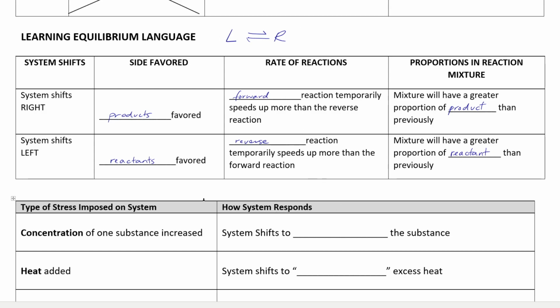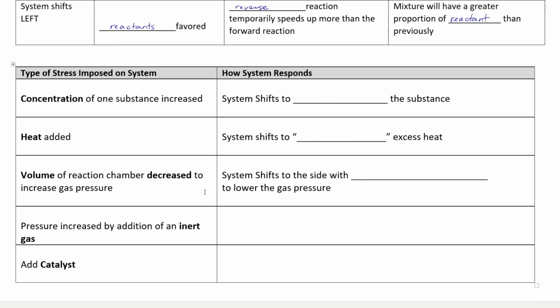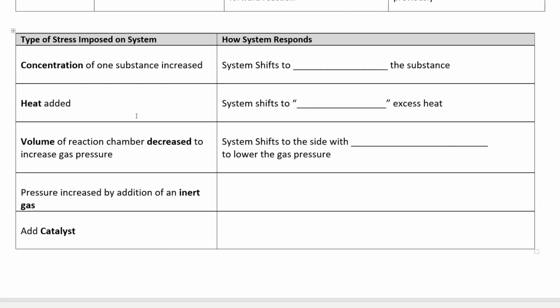When we talk about a system shifting as a result of a stress or a change imposed on the system, the types of stresses are listed below here. One thing that you can do is change the concentration of one substance. For example, if you increase the concentration of one substance, then the system will shift to consume or reduce the concentration of that substance.